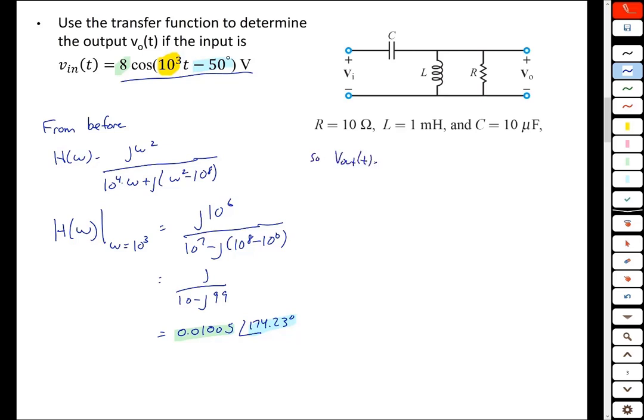So V out of t is going to be 8 times 0.01005 times the cosine of 10 to the 3t minus 50 degrees plus 174.23 degrees, or 0.0804 cosine 10 to the 3t plus 124.23 degrees volts.